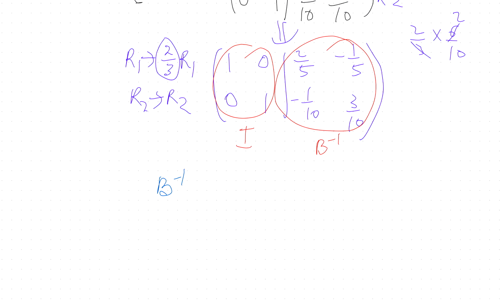So you can say, therefore, B inverse is 2 over 5, minus 1 over 5, minus 1 over 10, 3 over 10.